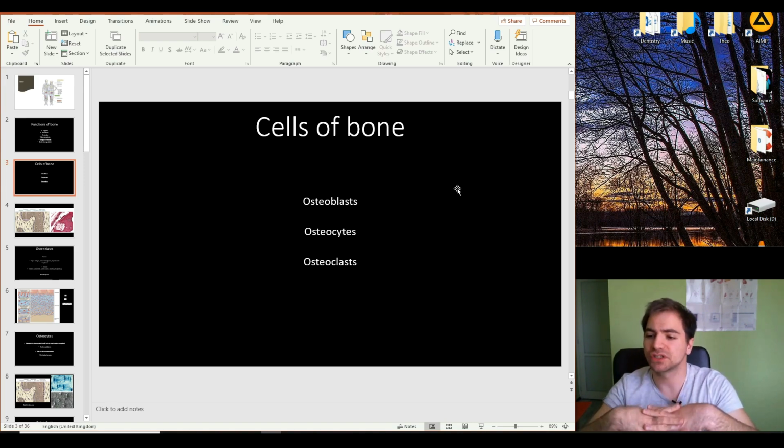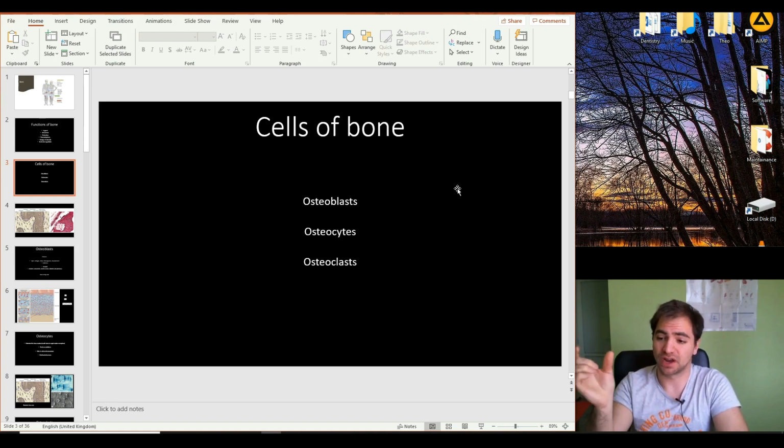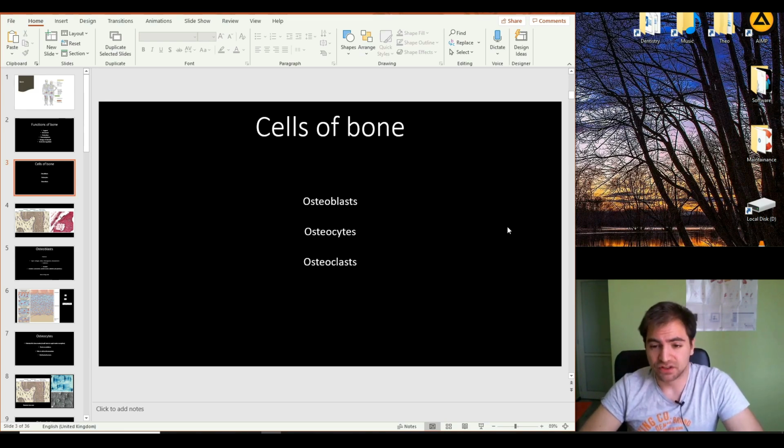Then we have the osteocytes, and as always, the term cyte, especially when the progenitor cells are blasts, is the less active form of this cell. In this case, the osteocytes are cells that maintain the structure that was being produced, the bone that's been produced already.